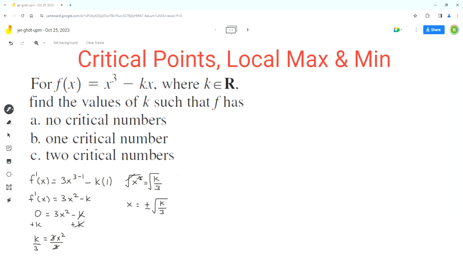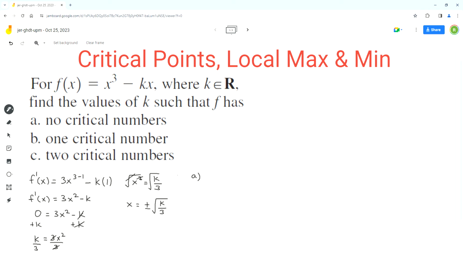Now let's analyze part A, no critical numbers. We have to find the values of k such that this function has no critical numbers. We got the expression for x as plus or minus the square root of k over 3. If k is a negative number, then x will not be a real number, because the square root of a negative number is not a real number.